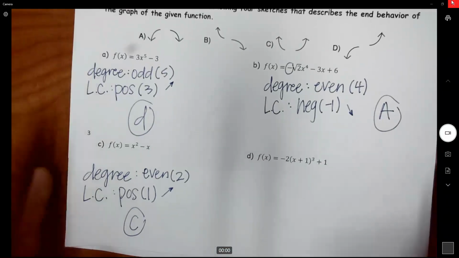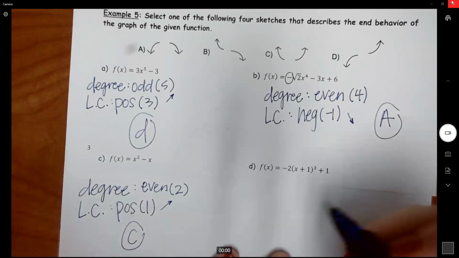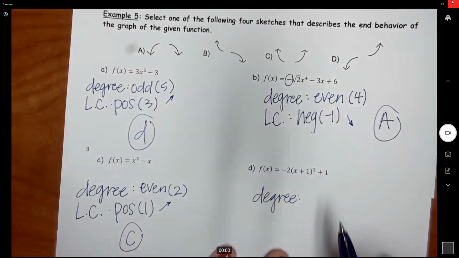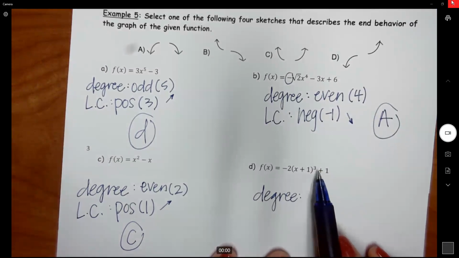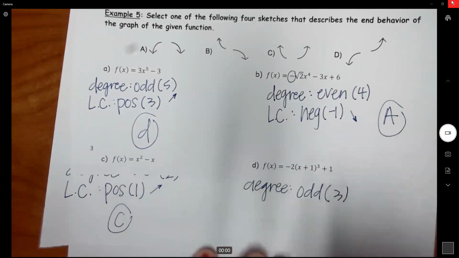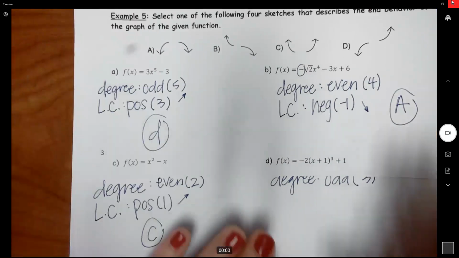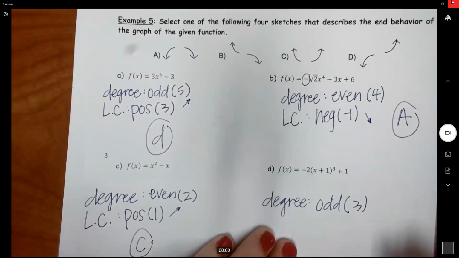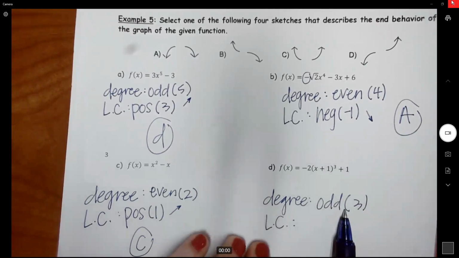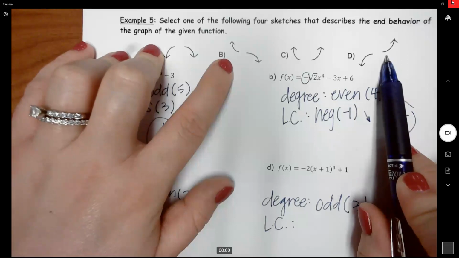Okay, so hopefully this last one here is B. So let's go through the work just the same. My degree here is odd because of that 3. Odd means that they are going in opposite directions.